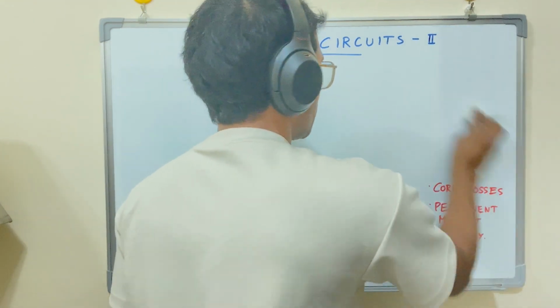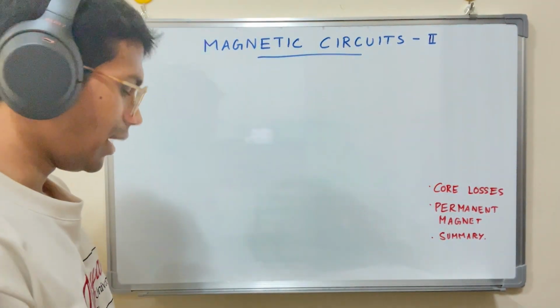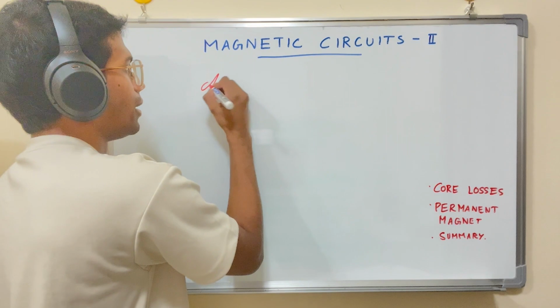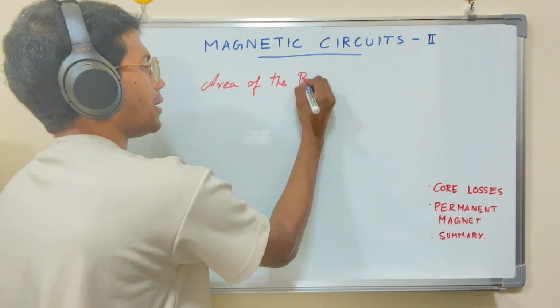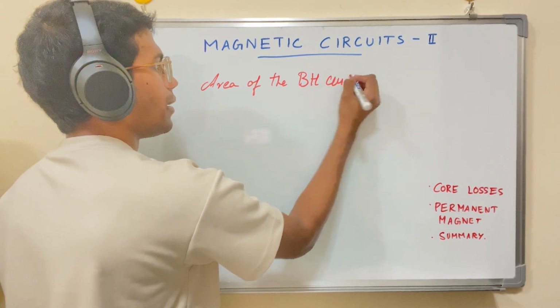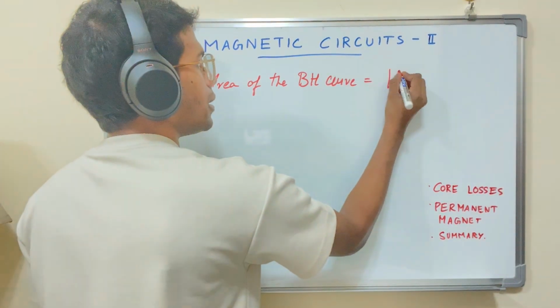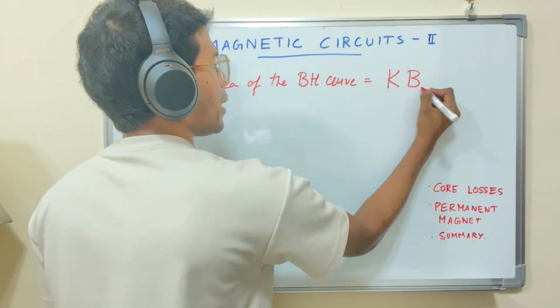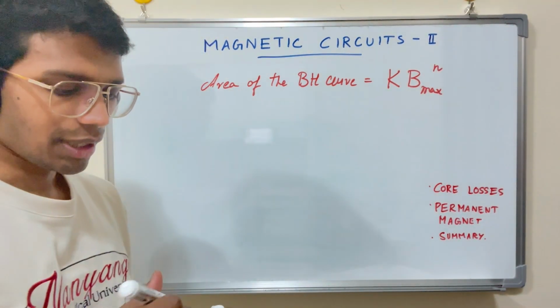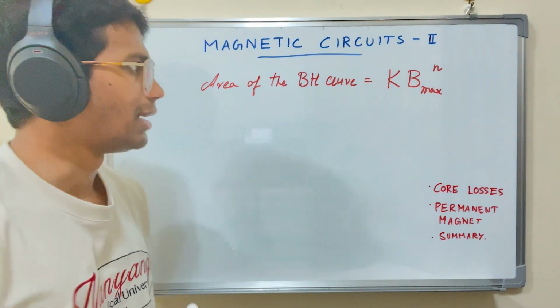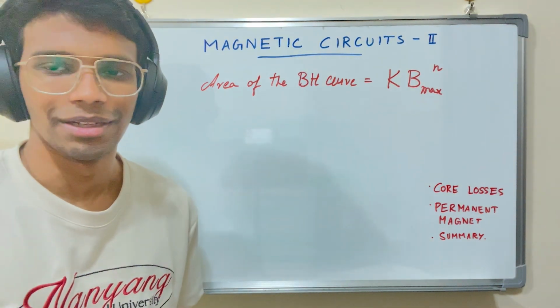Now, coming to the point, experimentally speaking, the area of the BH curve is given by the formula K B max to the power n. Now K is a constant that depends on the material, and n is also a constant that depends on the material.